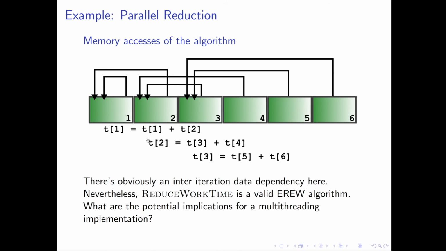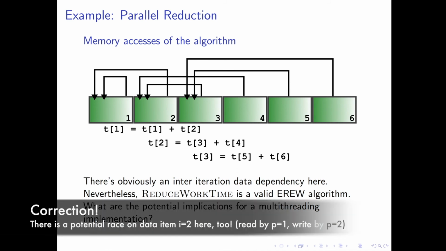And processor number 2 will sum up the values from 3 and 4 and will write the result to memory address 2. And at this time, there's not a problem yet, because there are no collisions.